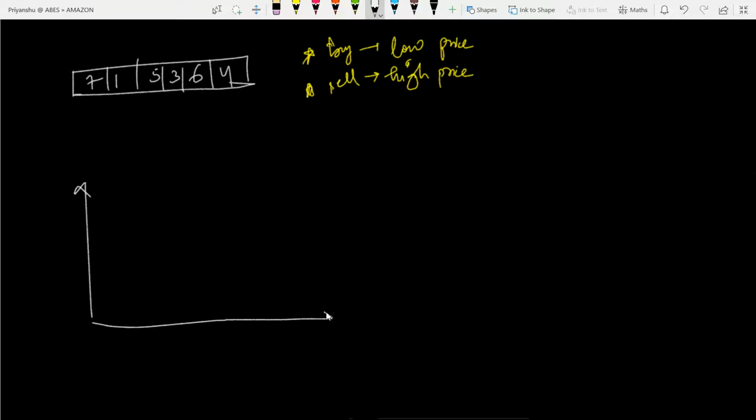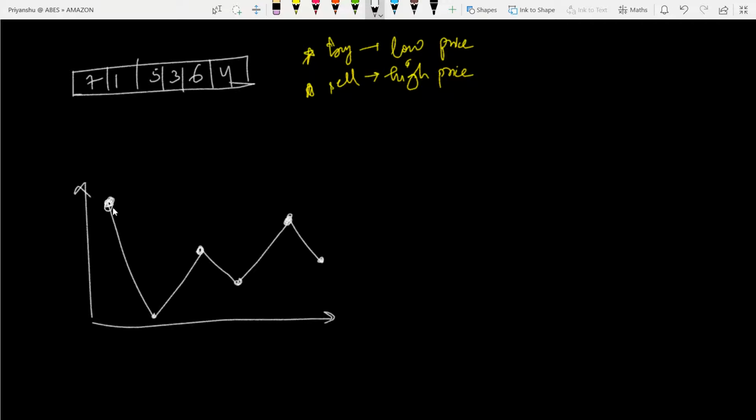So we have this: 7 1 5 3 6. 6 would be somewhat less than 7, and then 4. Now this is the representation of the price array.